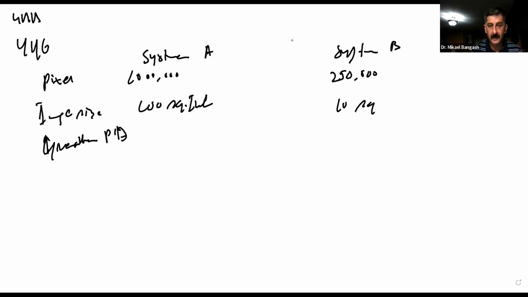Now, for system A, girls, your pixel density is going to be 1 million divided by 100. Whereas for system B, it's going to be 250,000 divided by 10.